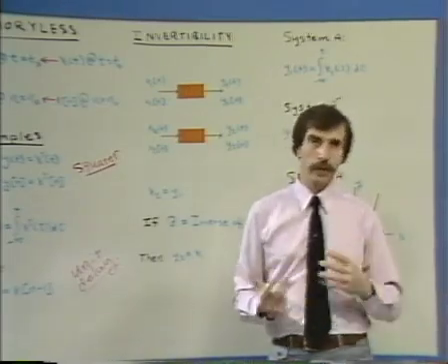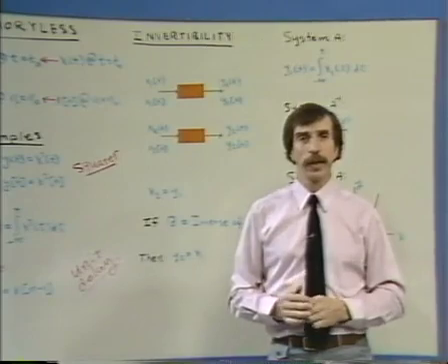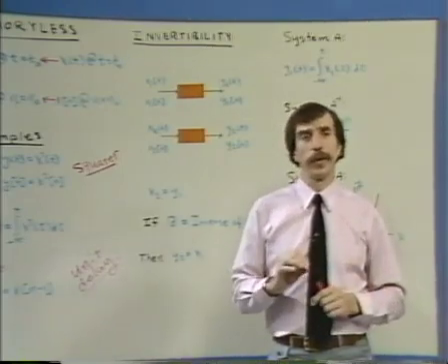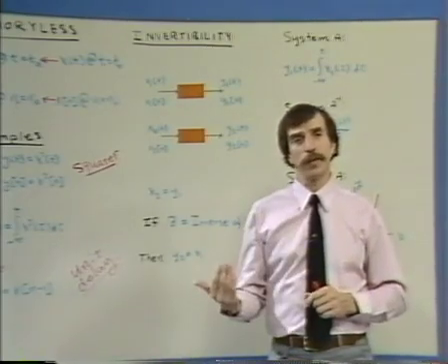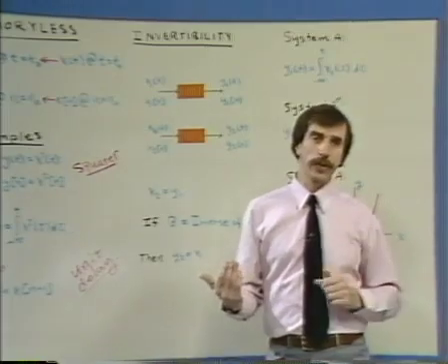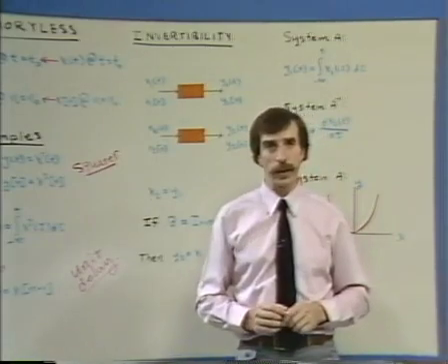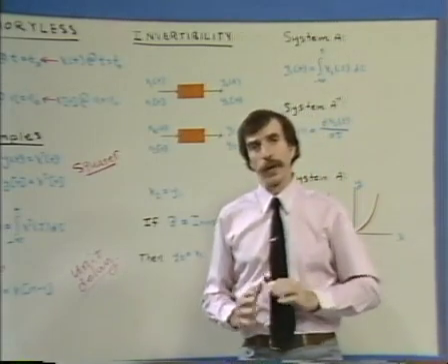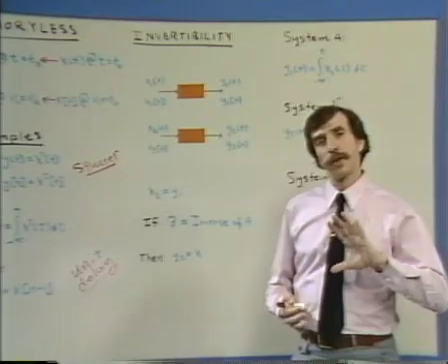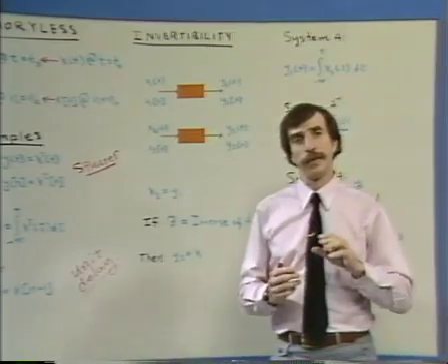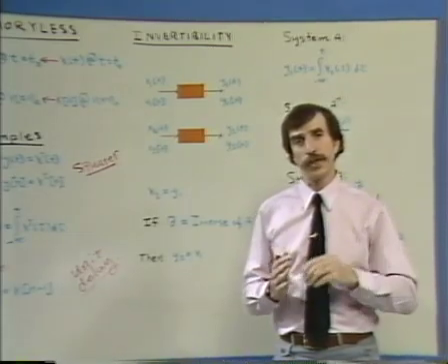That's one definition for invertibility. Said another way, invertibility means that given the output, there's only one input that could have caused it. That's another common definition for invertibility. Another way of looking at it is, in fact, to look at it in the context of a cascade of systems.